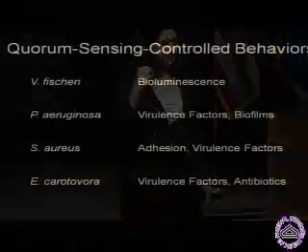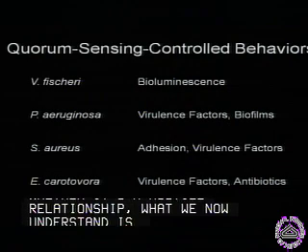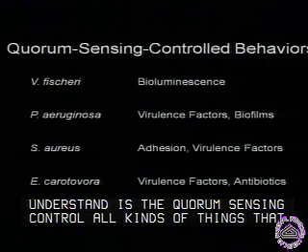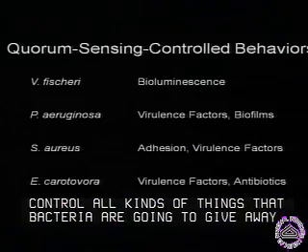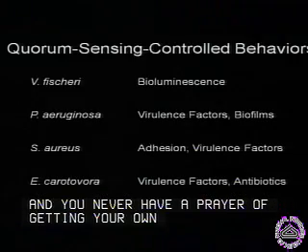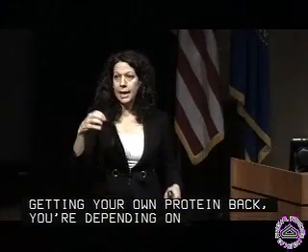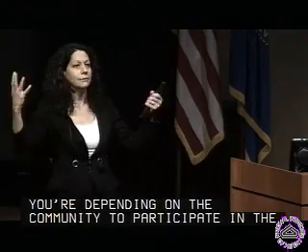So whether it's a symbiotic or a hostile relationship, what we now understand is that quorum sensing controls all kinds of things that bacteria are going to give away, and you never have a prayer of getting your own protein back. You're depending on the community to participate in the behavior, and then the collective flourishes.